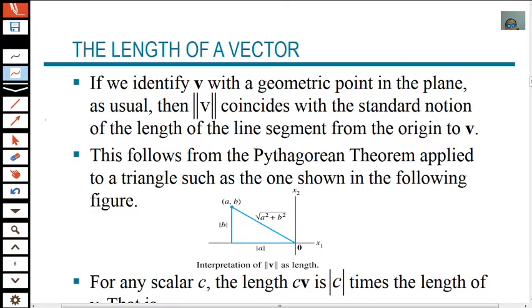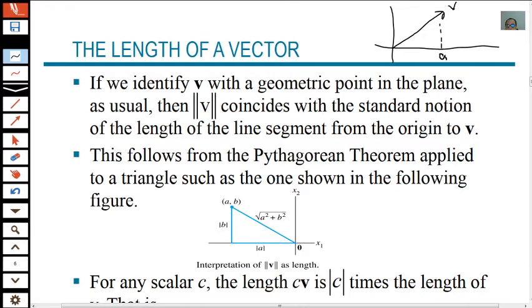Let's see now the geometric meaning of this definition. If we identify v with a geometric point in the plane as usual, then the length of v coincides with the standard notion of the length of the line segment from the origin to v. Namely, if we consider the vector v in the coordinate system, the components are a and b.